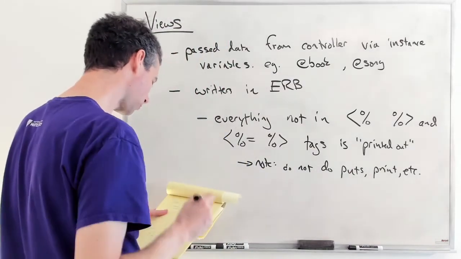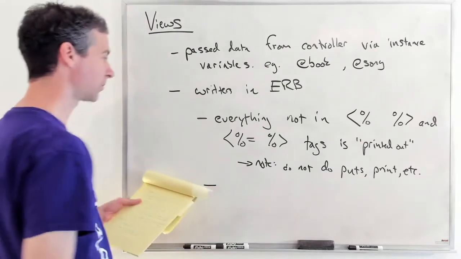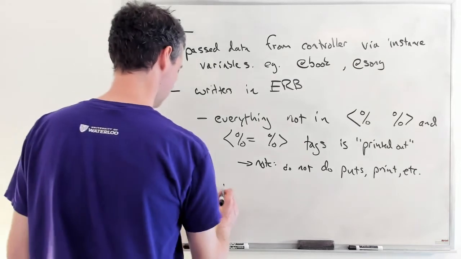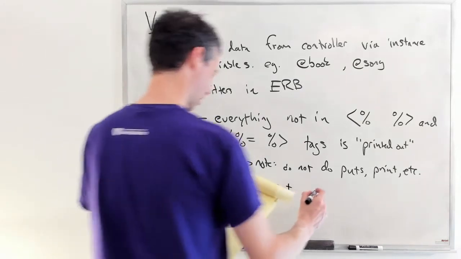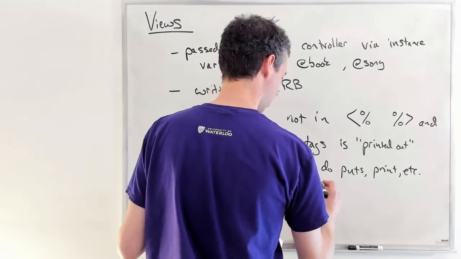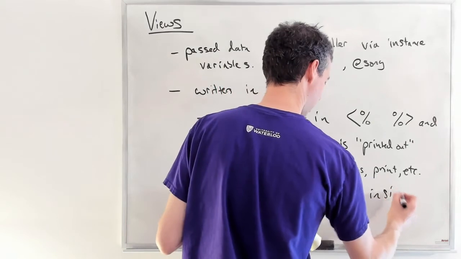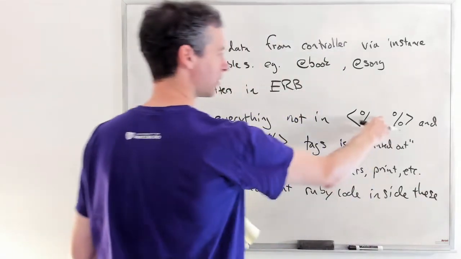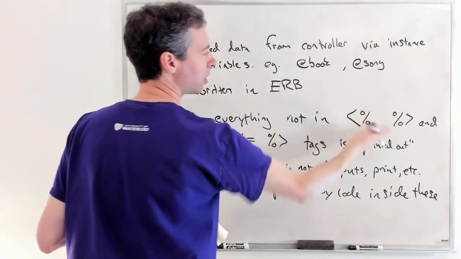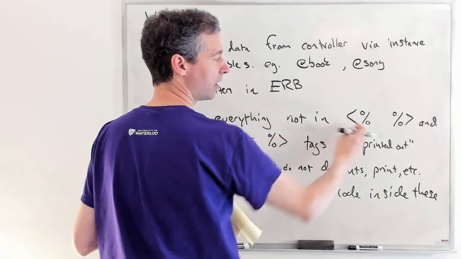All right. Now, another cool thing about views is we can put Ruby code inside these tags. So inside of these basically means run. This is going to be Ruby code inside of these tags.